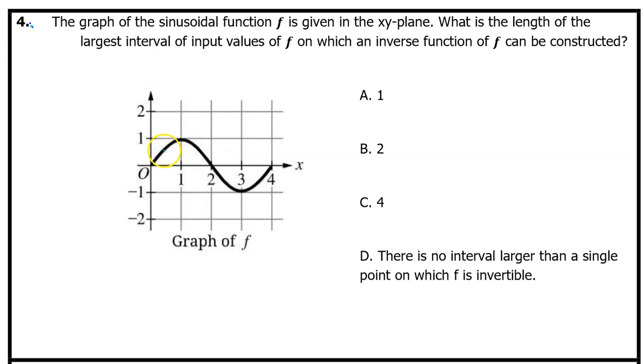For example, we could not construct an inverse function on the interval from 0 to 2 because that includes many output values that repeat, like these two. The interval from 1 to 3 is the largest interval I can create that contains no repeating output values. Because this interval has a width of 2, the answer is B.